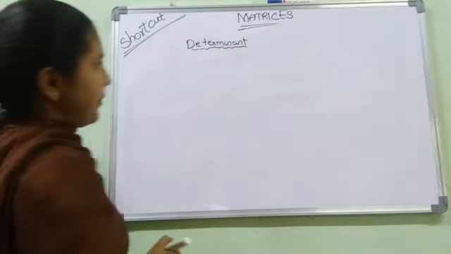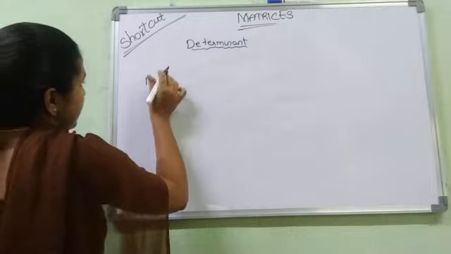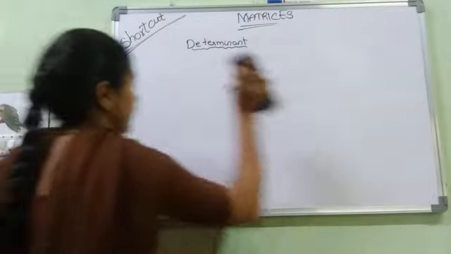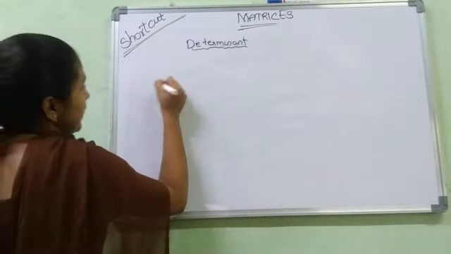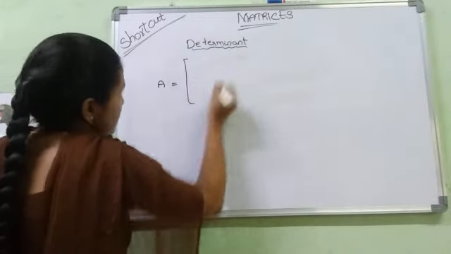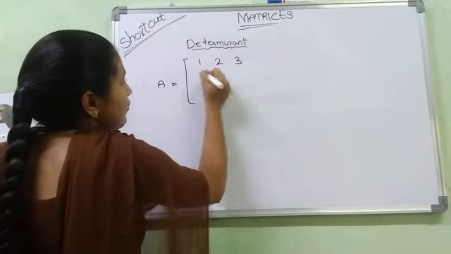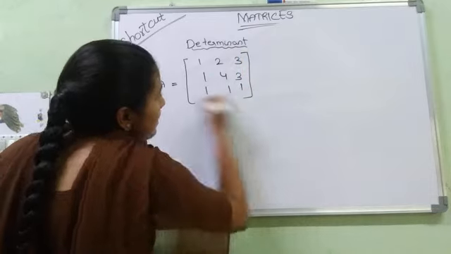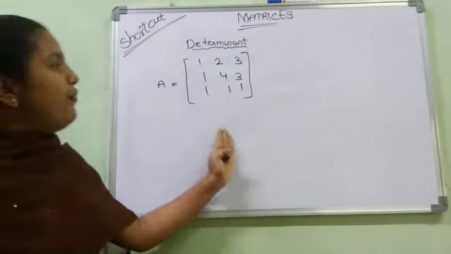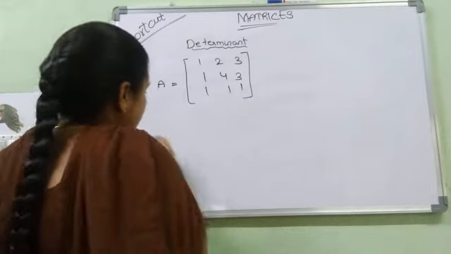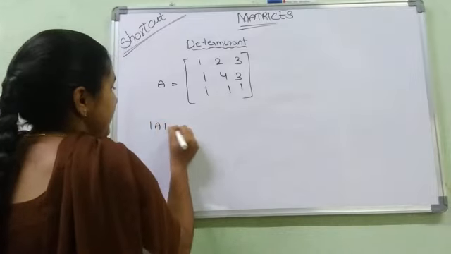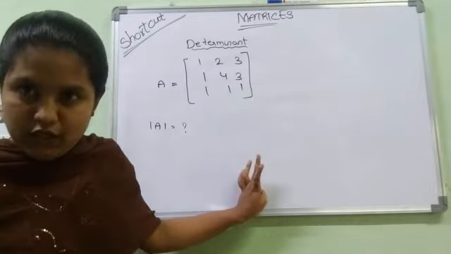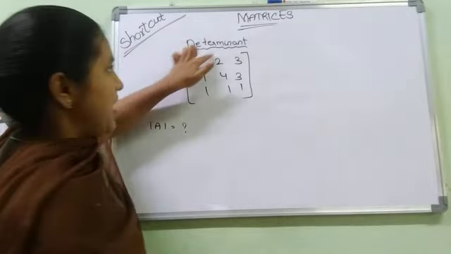So how to find determinant? Let's take an example. Let A is equal to the matrix 1, 2, 3, 1, 4, 3, 1, 1. Okay. This is the matrix A. Now you need to find the determinant of A.